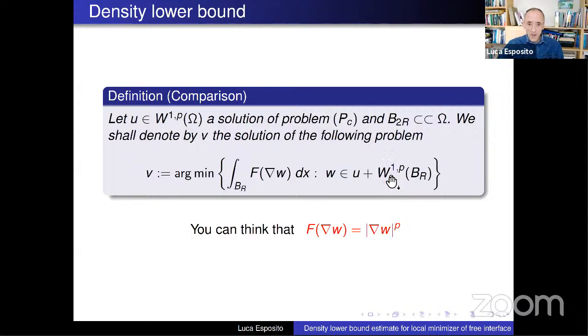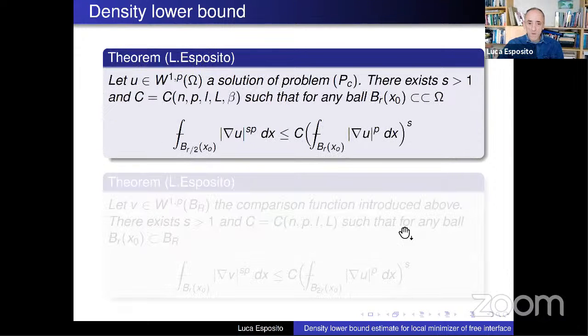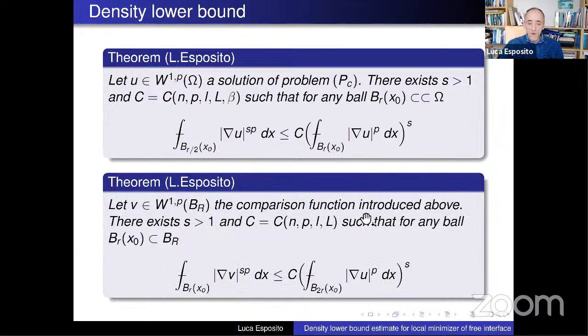So you take a ball and minimize the energy of the bulk part with the prescribed value on the boundary, and the value is exactly the value of the function u. So you take this competitor. Here you can think the capital F is the gradient to the power p. And if you take this comparison function here, you can prove these things.